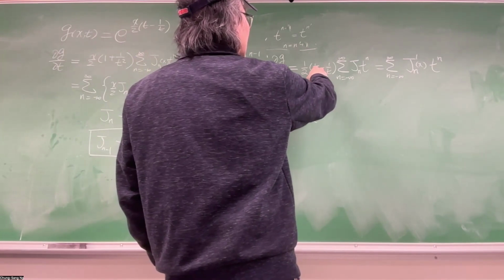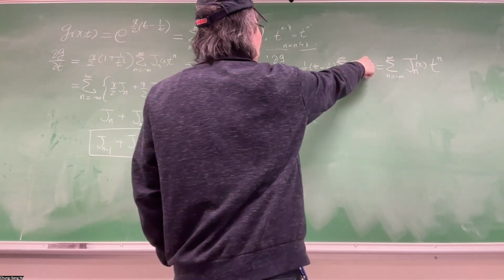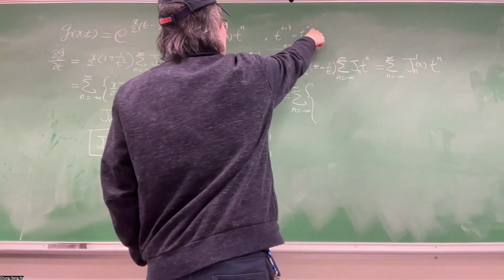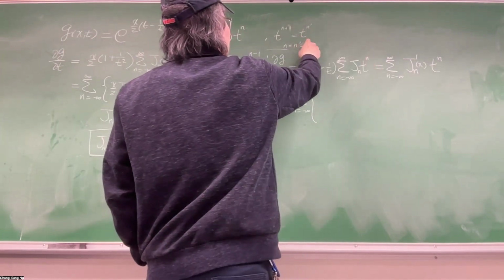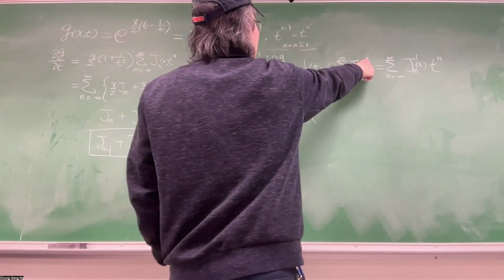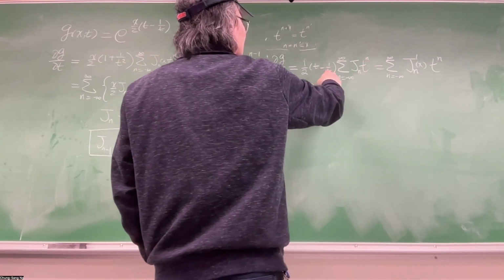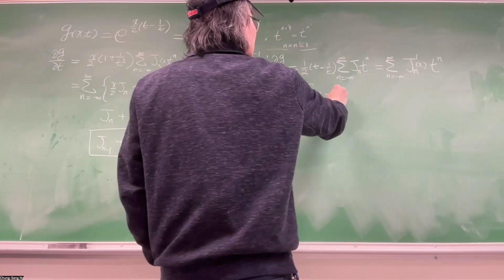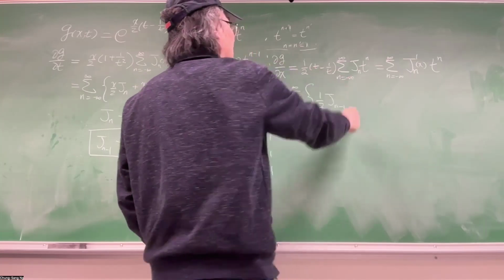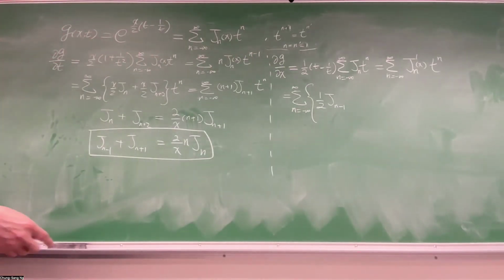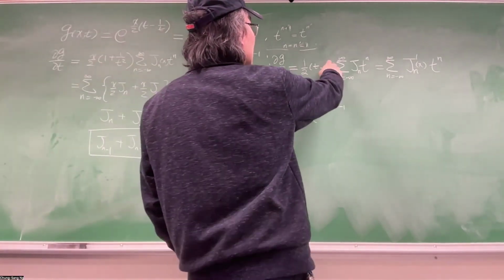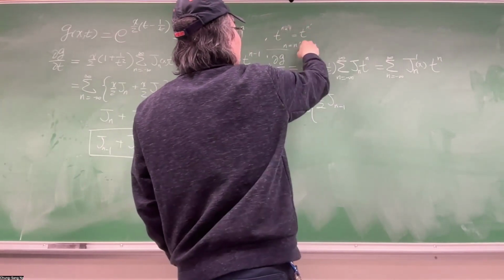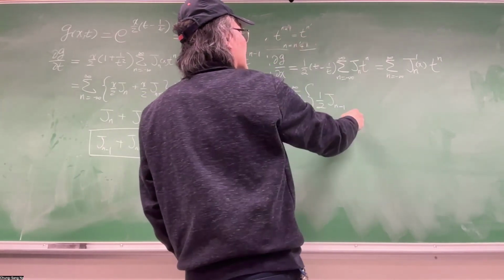So the first one is t to the n plus 1. To the n plus 1, you want to change it to t to the n, so this becomes minus 1. So all the n in here become n minus 1. So you have the 1/2 factor, J n minus 1 for the first term. And the second term, this is n minus 1. This becomes n, so it becomes n plus 1. Right.